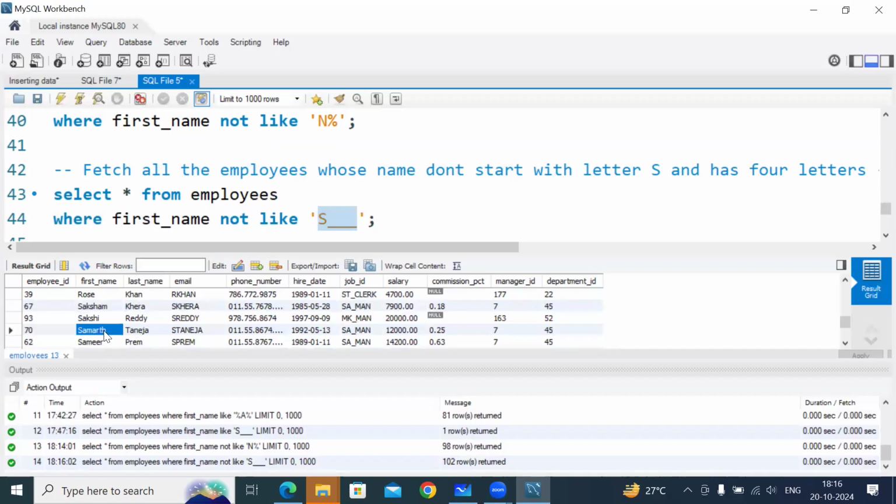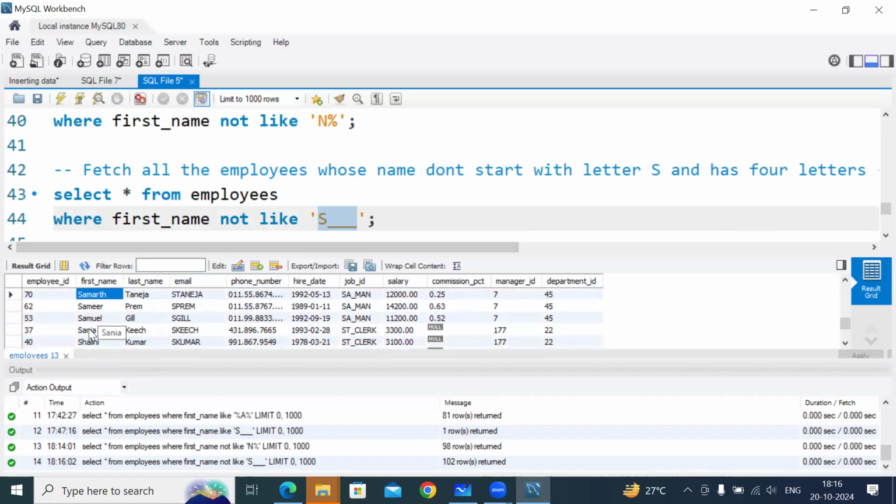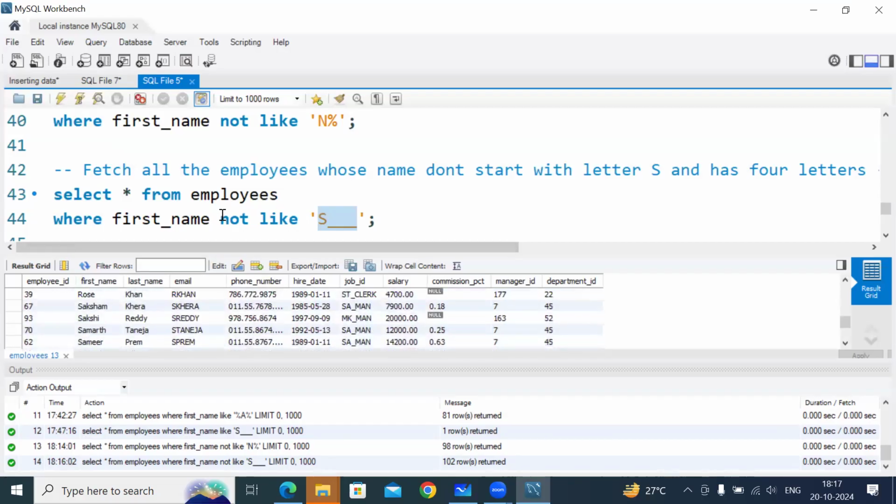It is again seven or eight letters. So basically, we are saying I don't want any employee whose name starts with S and has four letters in total. Sania is a five-letter word, so it is included. You can't find any name starting with S and having four letters in total because the NOT LIKE operator restricts that in our output.